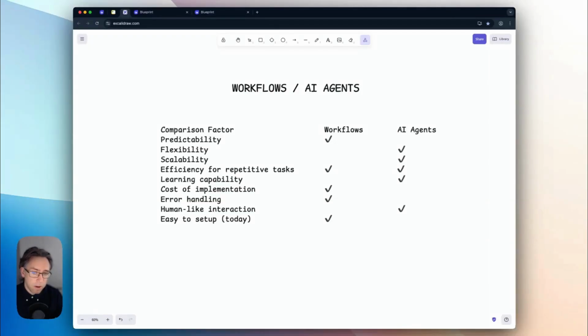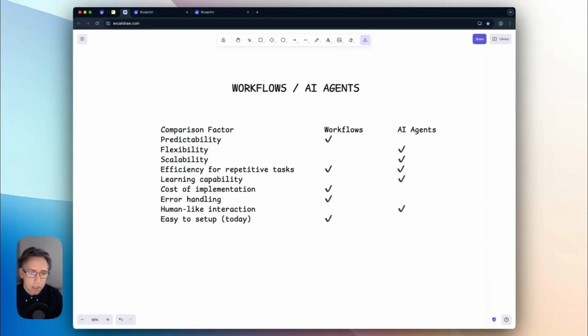Both of them are efficient to a large degree, especially when you use cheaper models. Learning capability: the AI agent has the ability to learn. This learning process can be captured in specific parts of the conversation flow. It can be captured outside. The AI model can reference that information at any specific point in time and reason about how to perform a specific task.